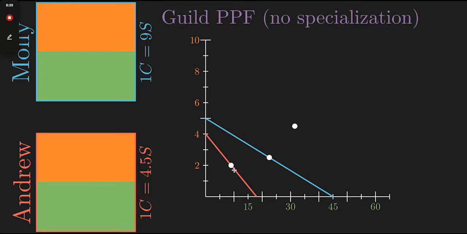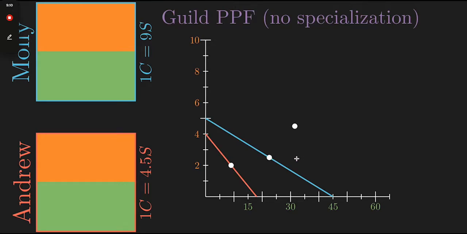All right, so we have Andrew's split here, 50-50. We have Molly's split here, 50-50. All we have to do is add up both of their carrots and spinach, and that gives us this guild PPF point. We're just adding this point to this point. The vertical, we just tack that on here, and then the horizontal, I don't have the numbers listed, but just visually you can see we add the horizontal to this point.